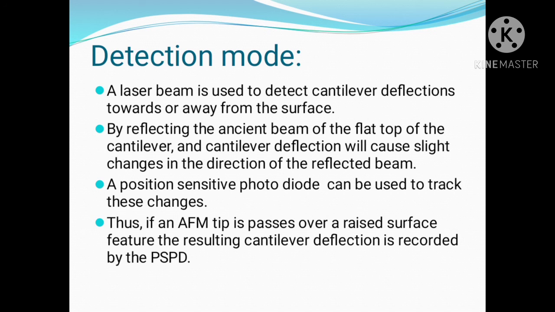A position-sensitive photodiode can be used to track these changes. Thus, if an AFM tip passes over a raised surface feature, the resulting cantilever deflection is recorded by the PSPD. PSPD stands for Position Sensitive Photo Detector.